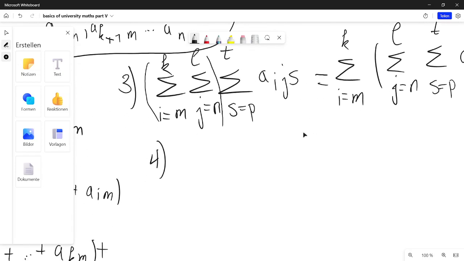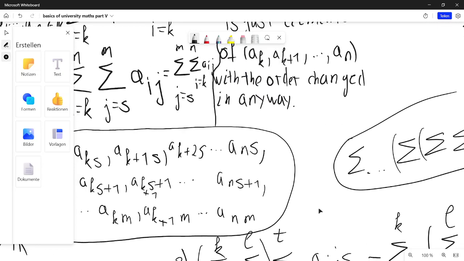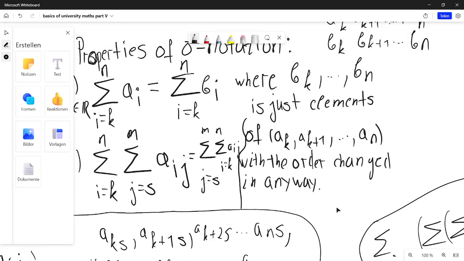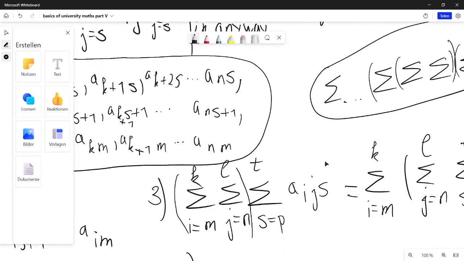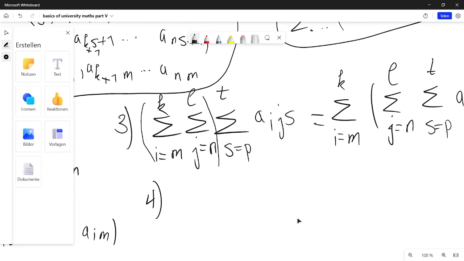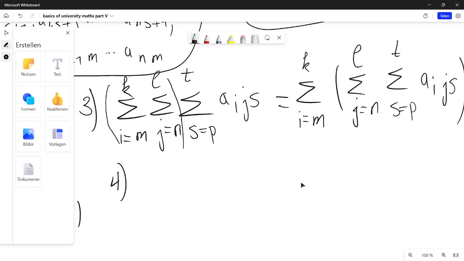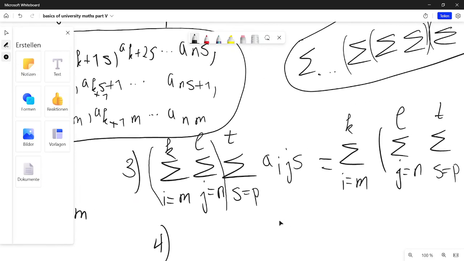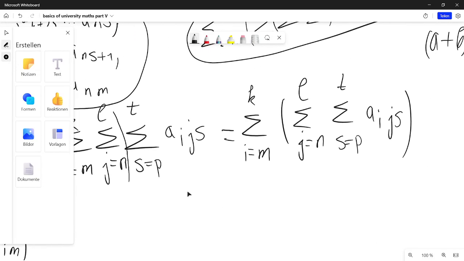So if you're overwhelmed by this maybe unfamiliar degree of abstraction, don't worry. It's normal in the beginning. You just have to get some practice in dealing with such sums. And that's it. Okay, what else would you like to have?